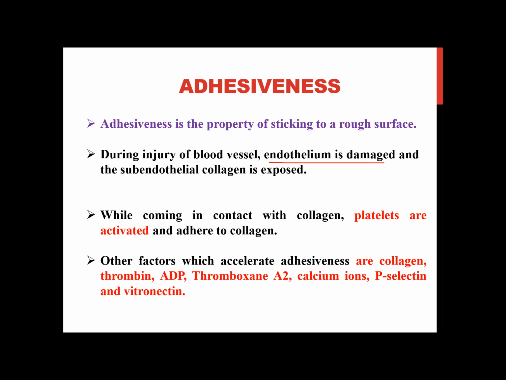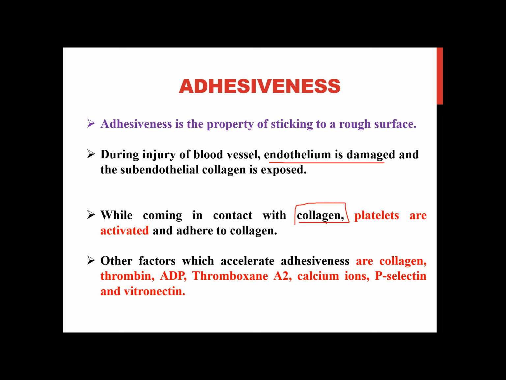While coming in contact with collagen, platelets are activated and would adhere to collagen. So kapag nagkaroon ka ng blood vessel injury, 'di ba sabi ko kanina sa steps, the first thing that would happen would be vasoconstriction. After vasoconstriction, the platelets would adhere to the surface. Pag sinabi mong surface, ang specific na tinutukoy niyan is the collagen.